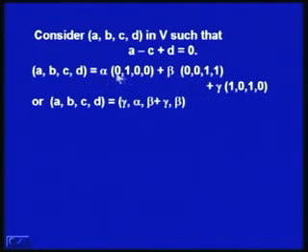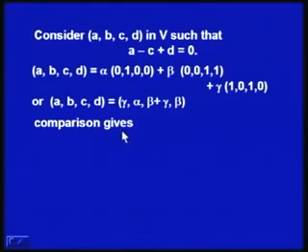So, it is alpha times (0, 1, 0, 0) first vector plus beta times second vector plus gamma times third vector. So, if we combine these terms, then (a, b, c, d) is equal to (gamma, alpha, beta plus gamma and finally beta).